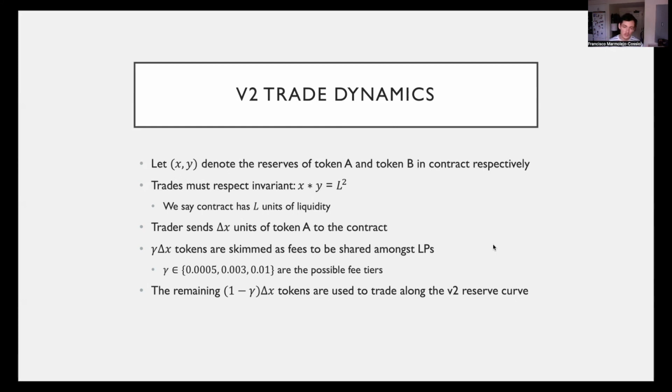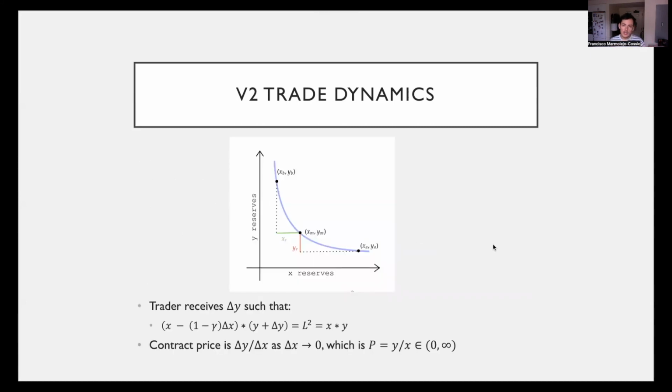But after this happens, the remaining amount, the (1 minus gamma) times delta X, is used to trade along the V2 curve. And what I mean by trading along the V2 curve is also here: on the x-axis we have the reserves in token A, and on the y-axis we have reserves in token B. And remember I mentioned that the product of both x and y remains constant. It's equal to L squared. And what happens is that we obtain this blue line, this hyperbola.